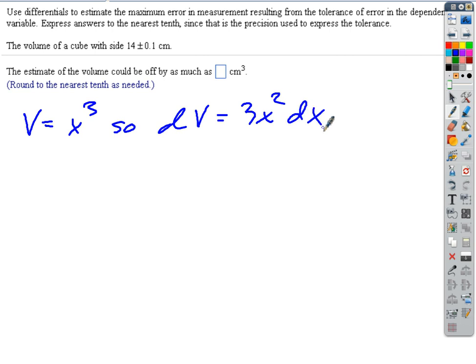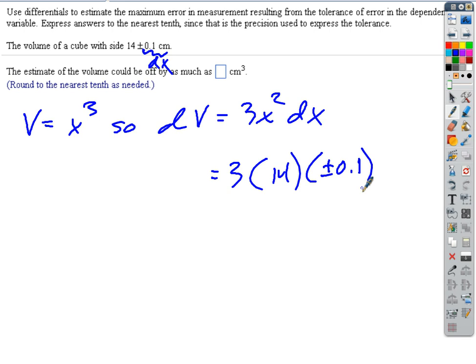It could be off by as much as what? So if we plug numbers in, 14 is x, dx is just this, that's the measurement error. And so we get an answer of 4.2, plus or minus 4.2.